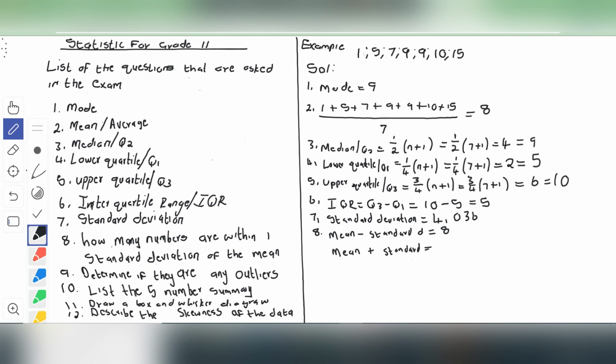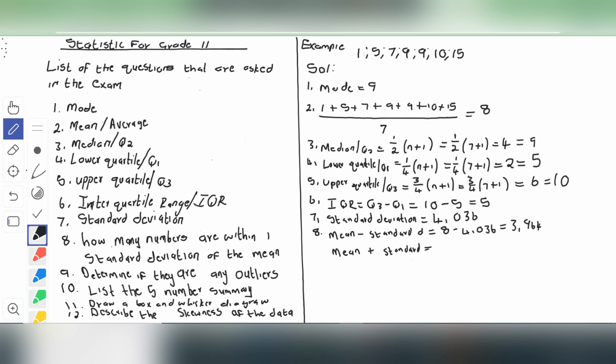Remember, even this question can say how many numbers are within one standard deviation of the average. We know whenever they talk about the average, they talk about the mean. So it's going to be mean minus the standard deviation. We know that the standard deviation is 4.036. Therefore, the answer is 3.964.